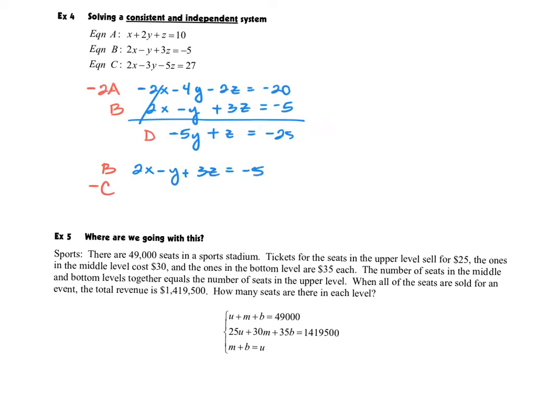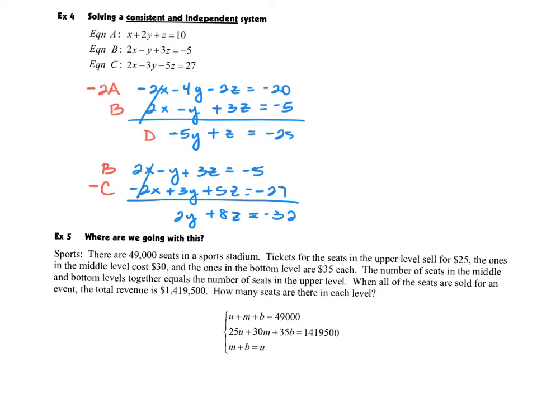Then a negative times equation C will give me -2x plus 3y, just flipping all the signs, plus 5z equals -27. I'm going to add those together, and just as I wanted, the x's will drop out. So I get 2y plus 8z equals -32.